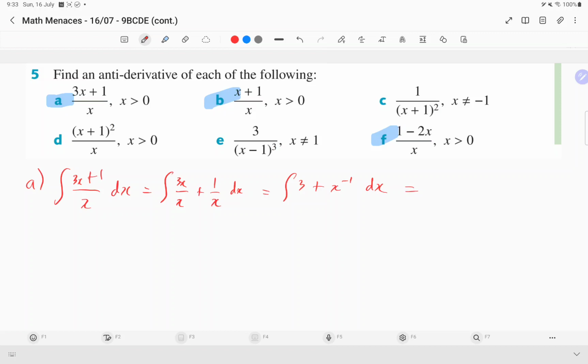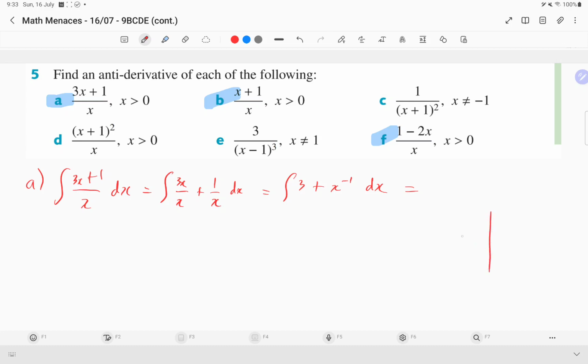What's the answer? Blake? When you antiderive a constant like 3, what do you get? No, when you derive it, you get nothing. When you antiderive it though.